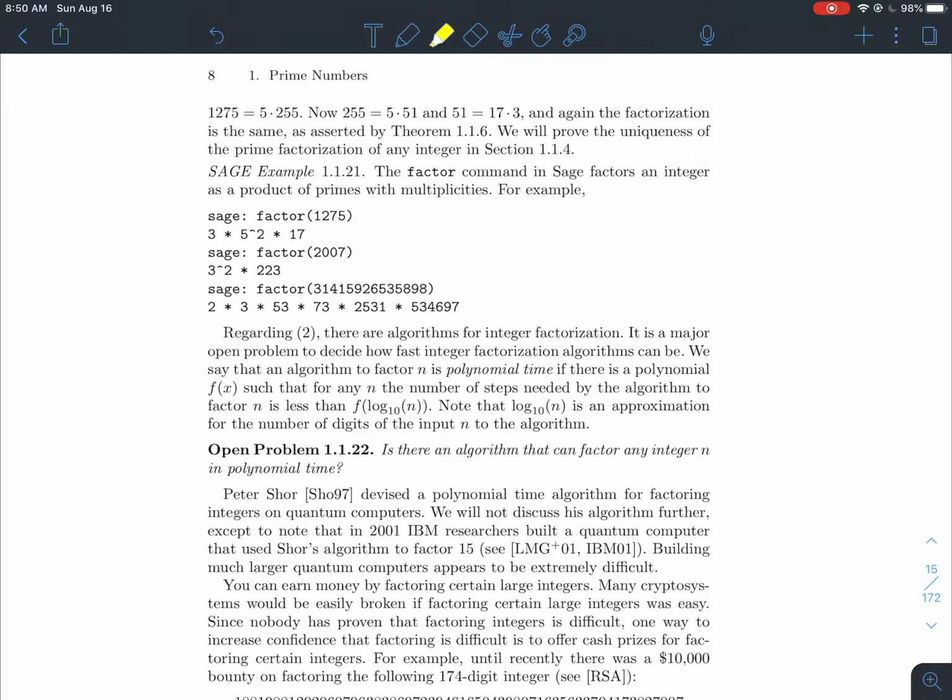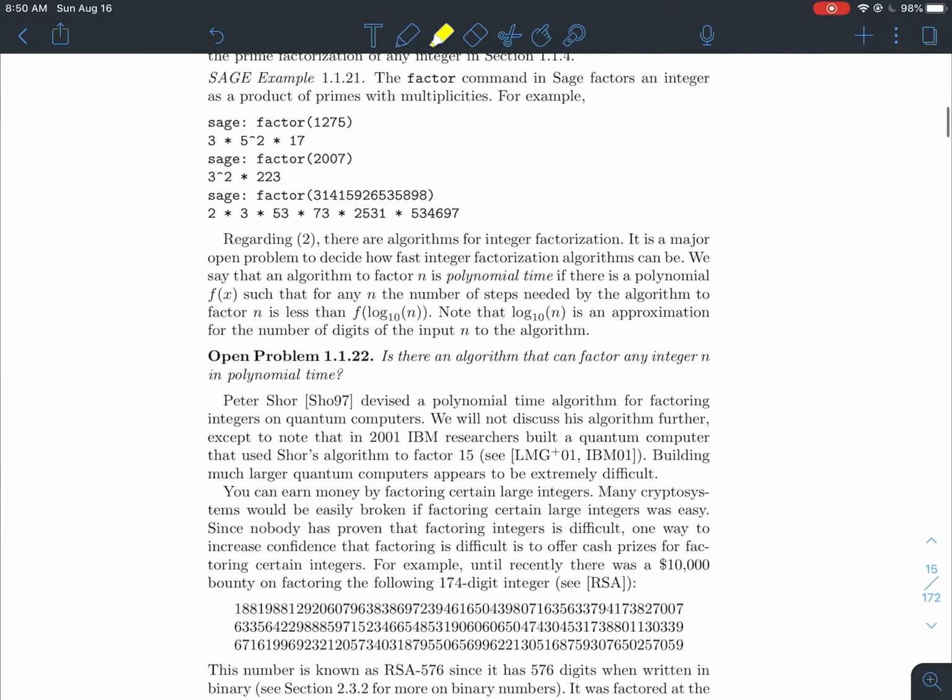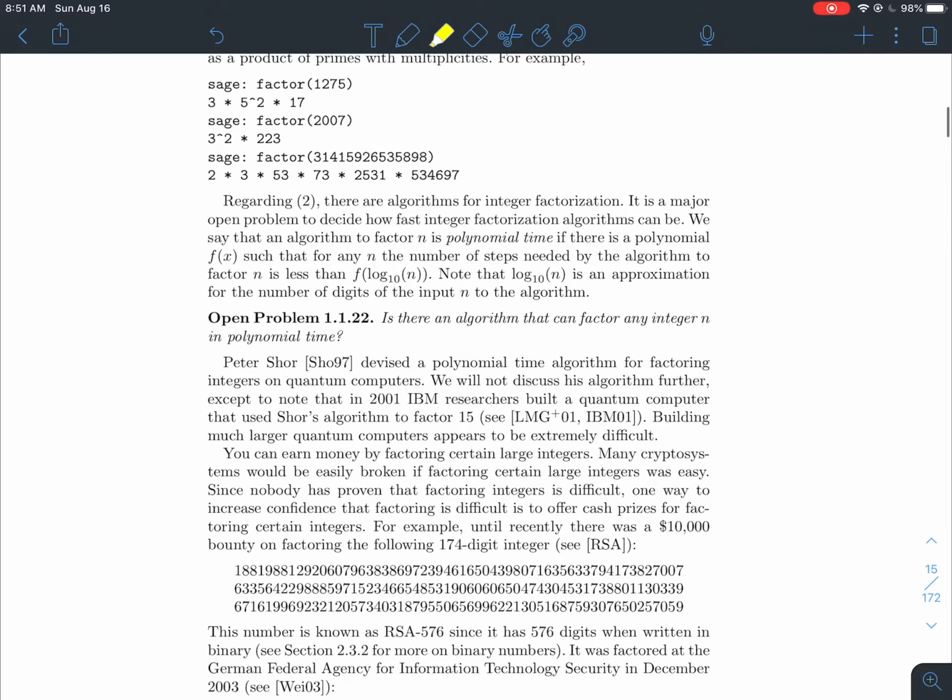Polynomial time is supposed to be pretty fast, and that's an open problem. We're told that it can be done on quantum computers. This book was written in 2017, and I'm not sure if anything has changed since then. That was done in 2001, when they tried to factor 15. That's kind of interesting.